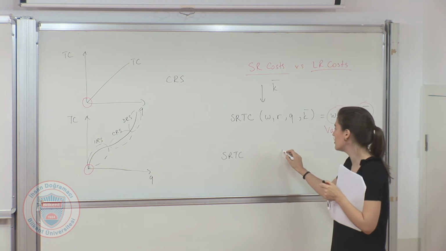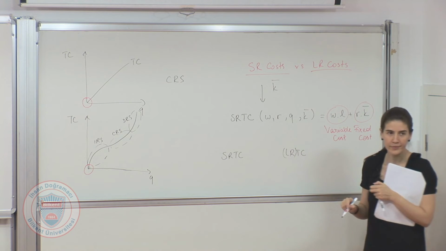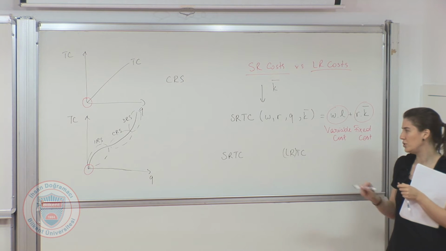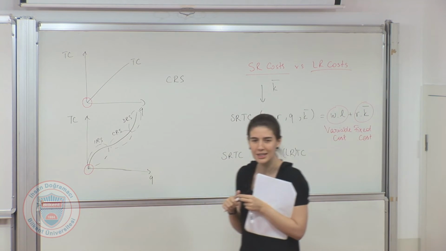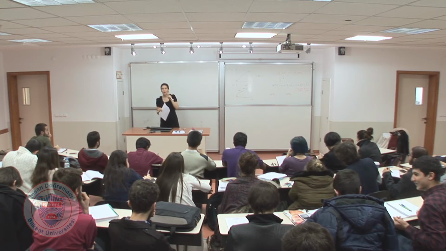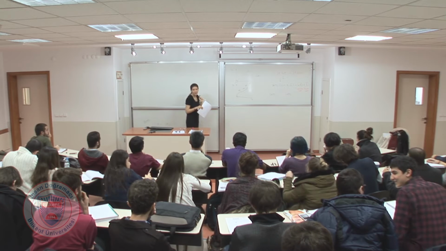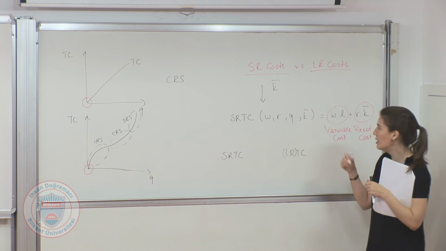What is the relationship between these total costs? Do you think the short run total cost is less than this one? You told me that they are going to be equal to each other when K bar is the optimal, right?